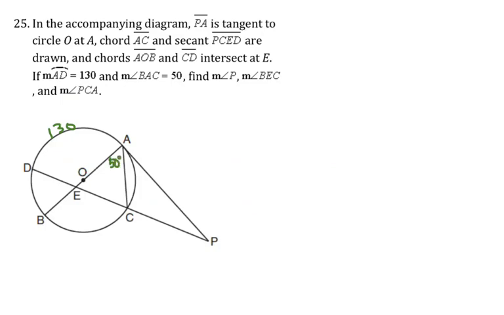Then soon you will realize that, because the intercepted arc will be from C to B, the measure of arc CB would be equal to 100, because it has to be double of 50. So we'd like to look at the rest of them together here.